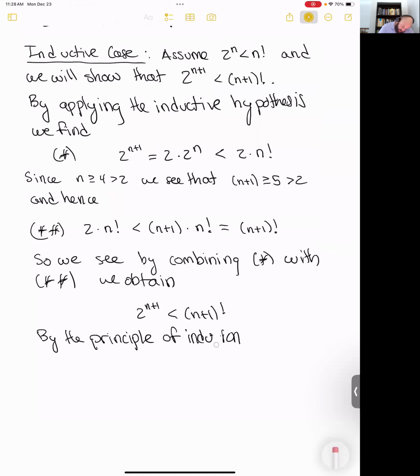This got a little ugly. By the principle of induction, the claim holds. And we're done with the proof.